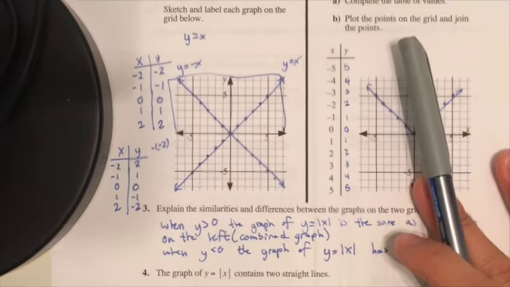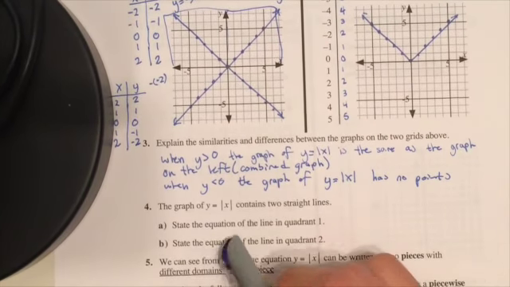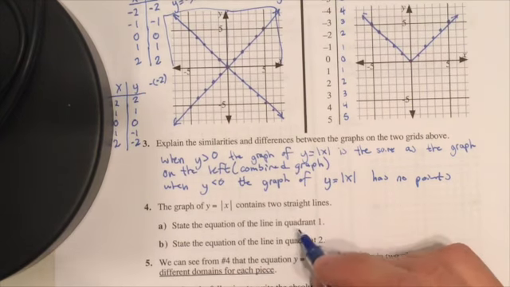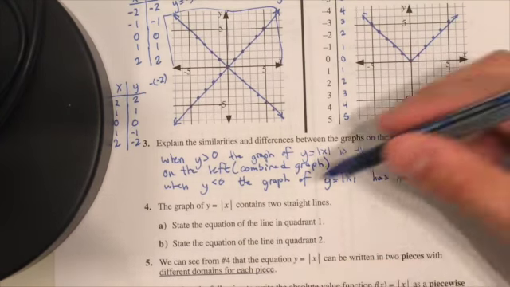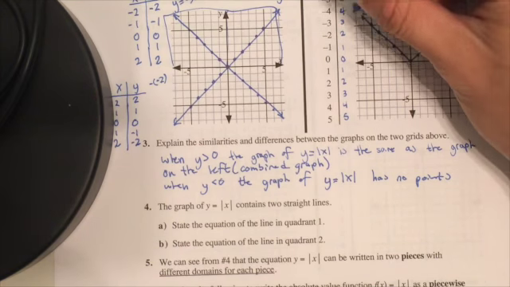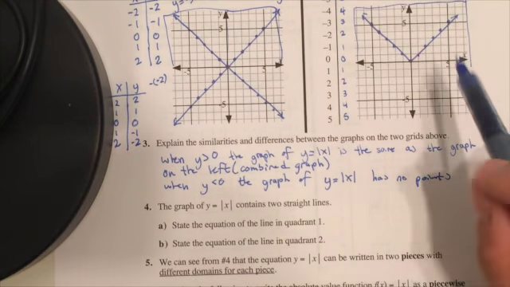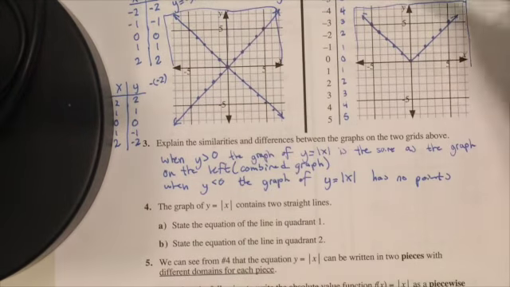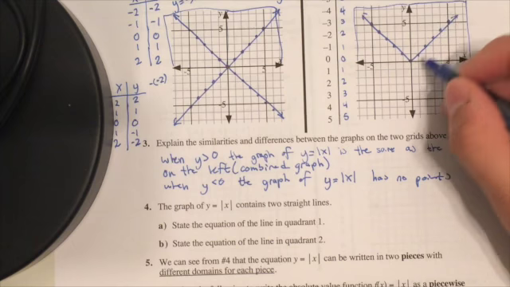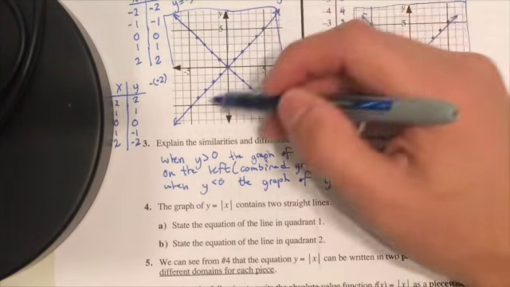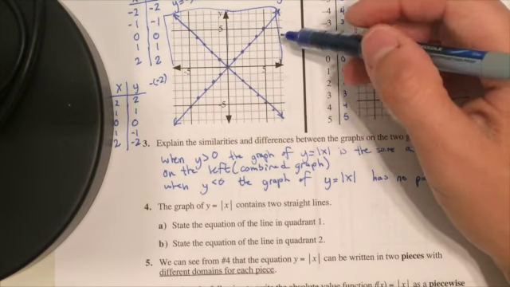Now, next we need to look at the graph of y is equal to the absolute value of x, which contains two straight lines. State the equation of line 1 in quadrant 1 and state the equation of the line in quadrant 2. Remember that when we're looking at this graph and comparing to this graph here, we graph these two lines on this side, on my first graph.